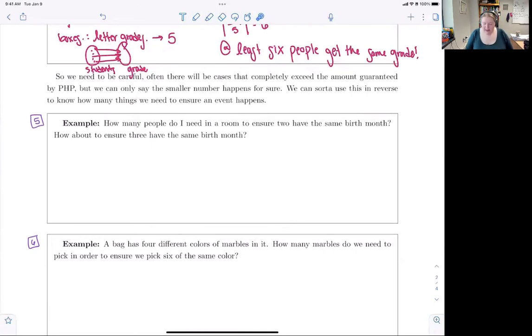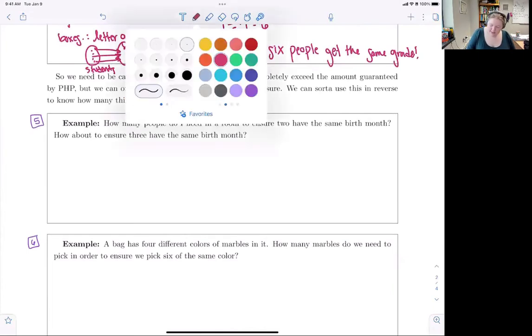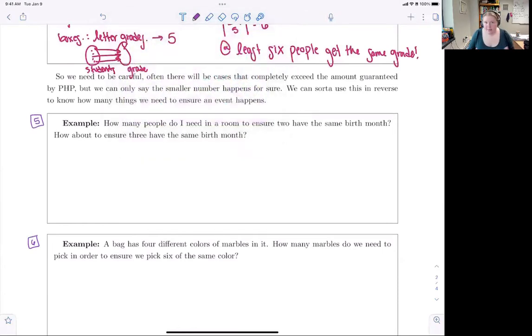So for example, how many people do I need in a room to ensure that two of them have the same birth month? Well, let's think about what would be happening if we were trying to do this with Pigeonhole. We'd have our January and February and March, all the way down to December. So here we would have 12 boxes. I like to think of it as a worst case scenario game.